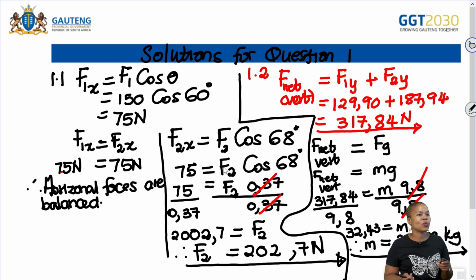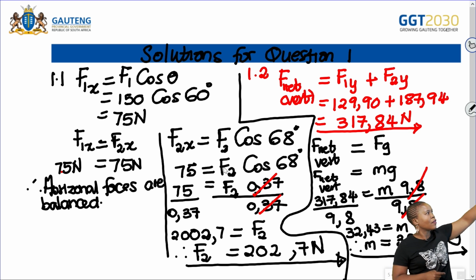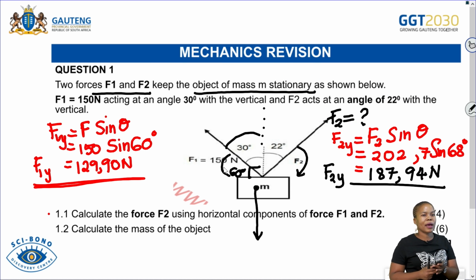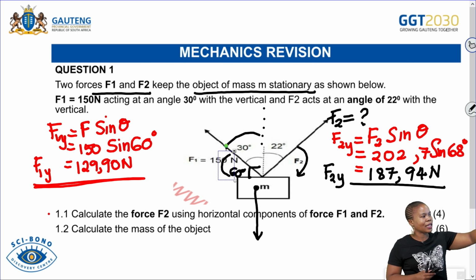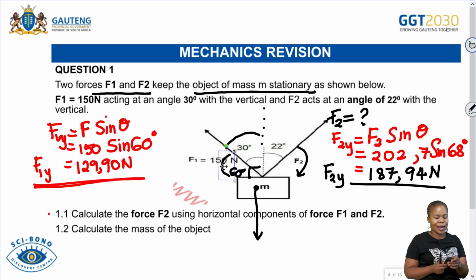Hence F1x is equal to F1 cos theta. F1 has a magnitude of 150, cos of what? Cos of 60, because this is your 90 degree angle, and if we take 90 minus that 30 degrees, we are left with 60, because these two angles give you 90.